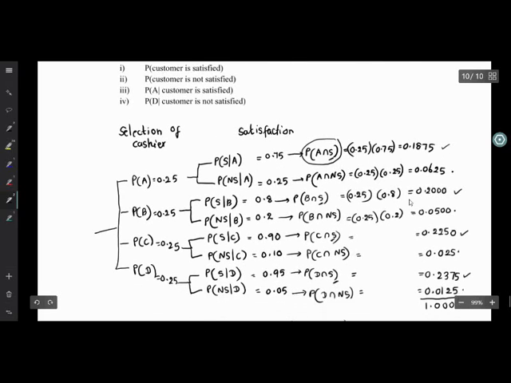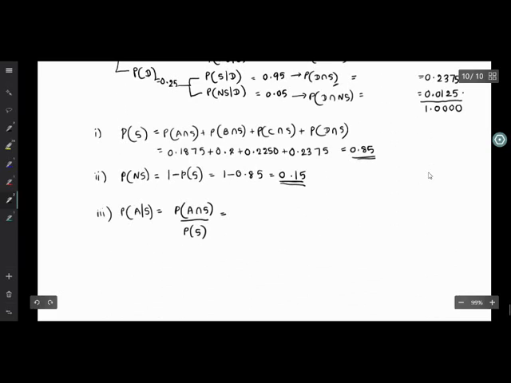That is 0.1875. So you have 0.1875 divided by P(S). This is the denominator of the Bayes theorem. You have already found the answer, 0.85. So that is 0.1875 divided by 0.85. So you can find that answer.